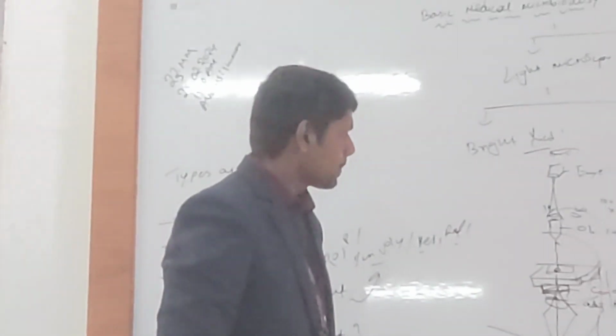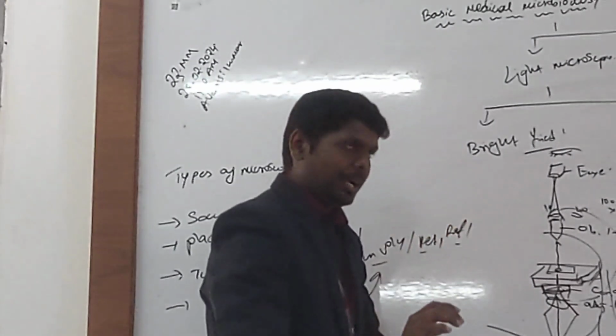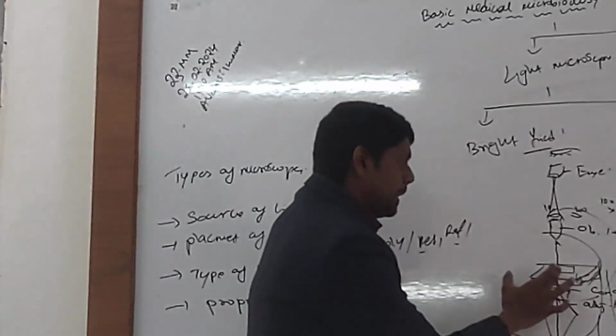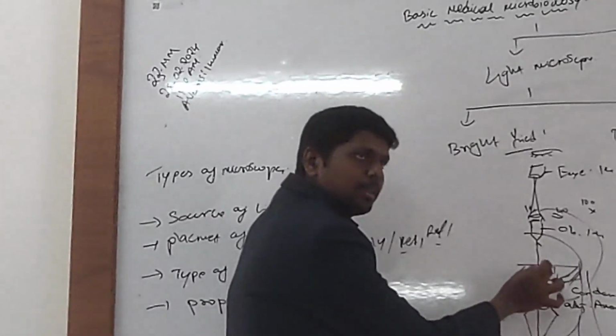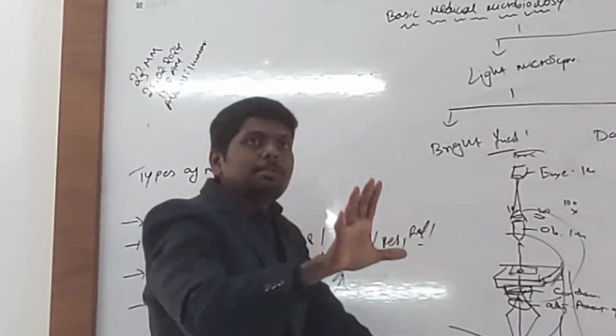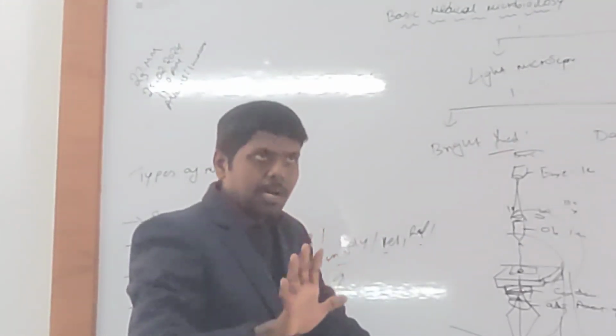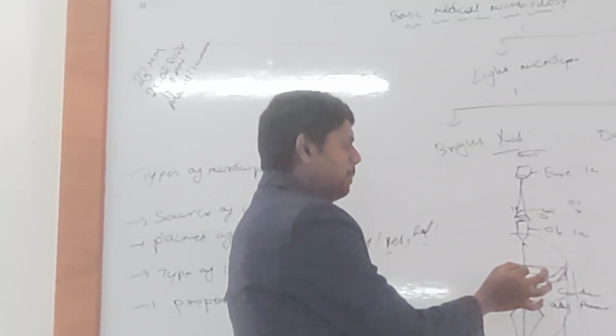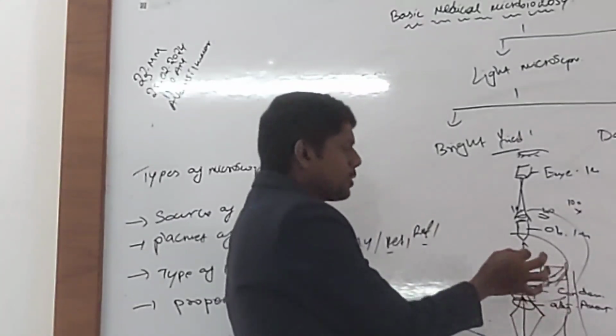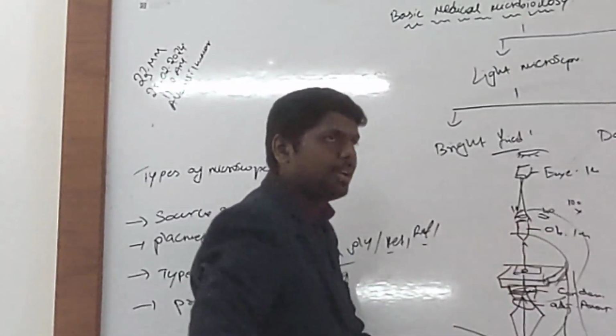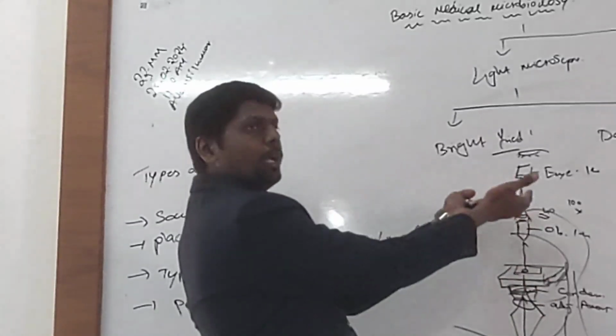Now see students, in bright field, the light is passed onto the specimen. Imagine the specimen is a transparent specimen, an amoeba. I didn't stain the amoeba, and I kept the amoeba solution on the slide and sent light through it.